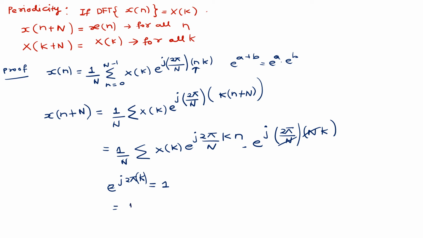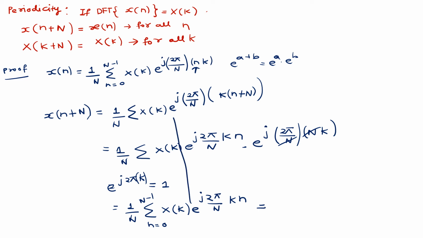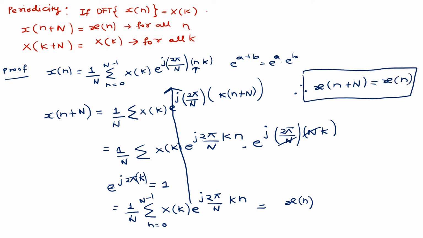So we will get 1 by N into summation of X of k, where the summation is from k equal to 0 to N minus 1, e power j 2 pi by N kn. So this is actually equal to x of n, right? So what we got at the end is x of n plus N equal to x of n. Okay, so after N points it is repeating again.